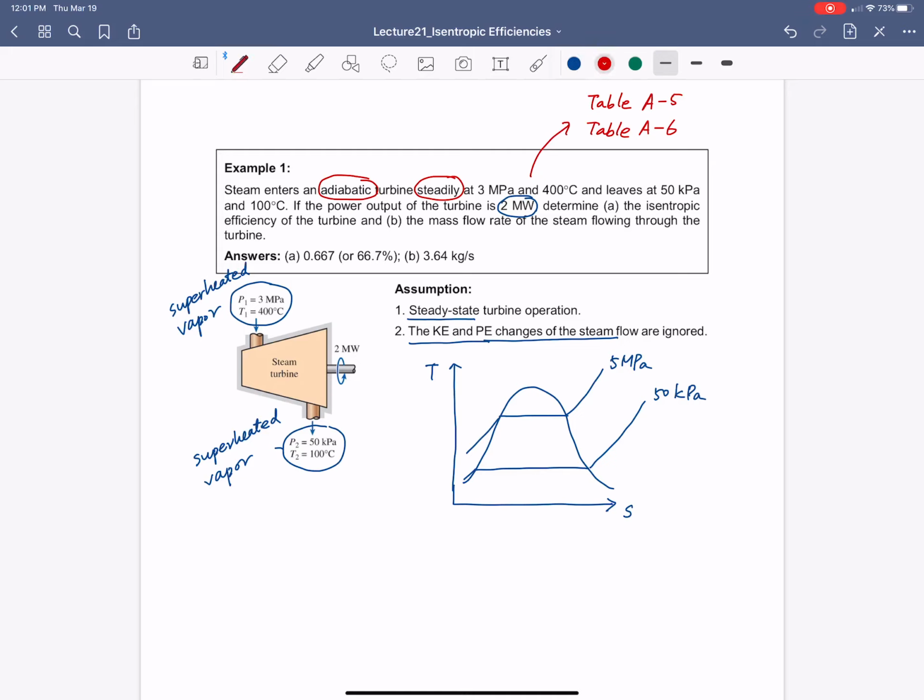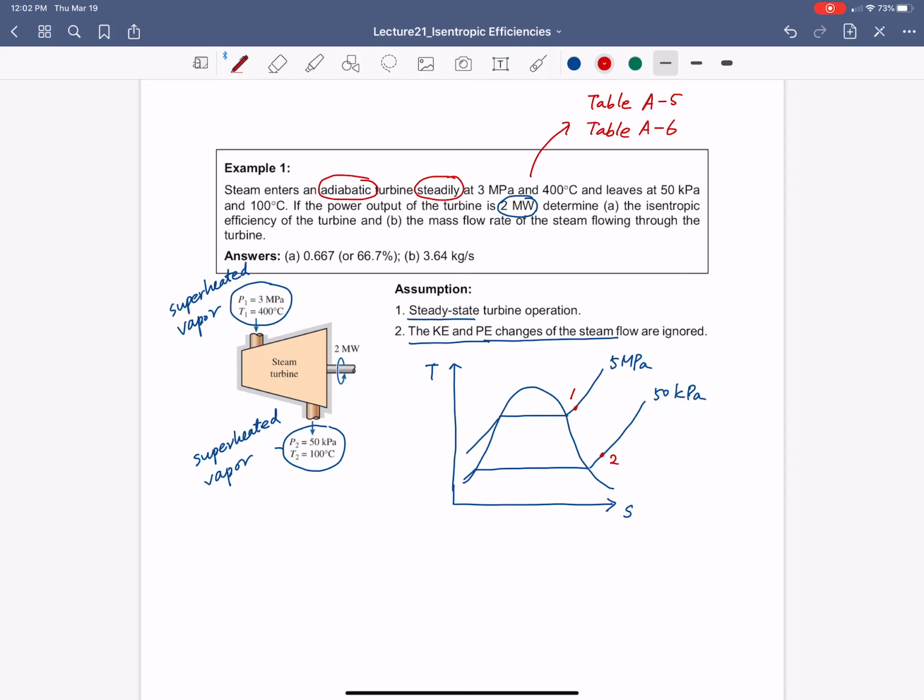Now we have state 1, which is in a superheated vapor. Then we have the exit condition, which is also in a superheated vapor. Let me draw this point here as 2.